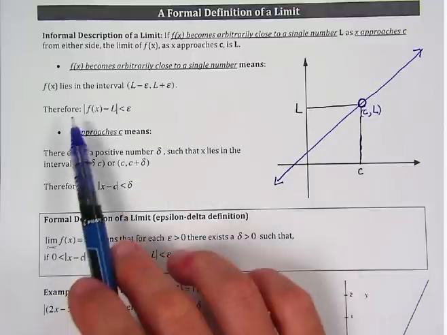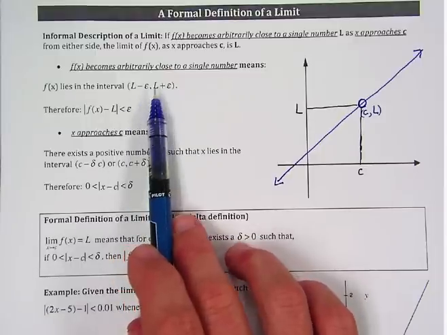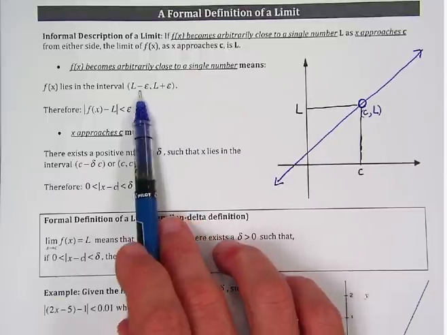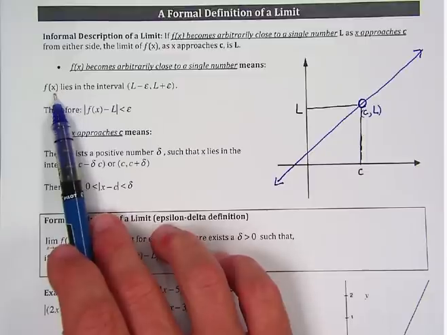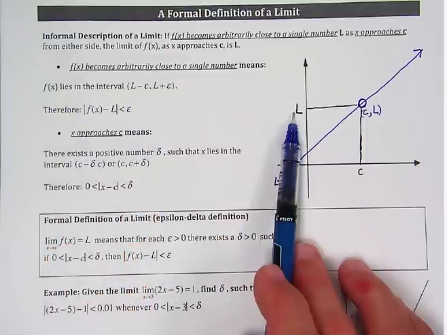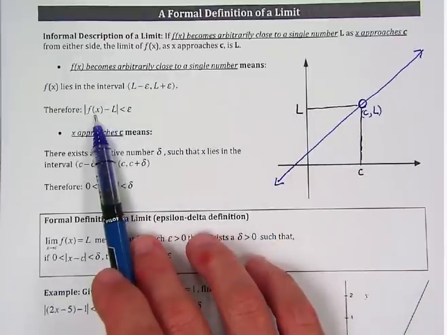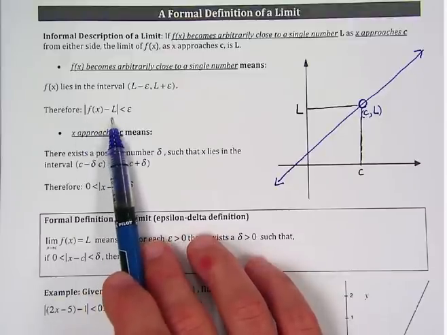Okay, so this first part, if it lies in the interval L minus epsilon and L plus epsilon, that's basically talking about a distance where our f of x is going to be within epsilon units of the limit. Okay, and we do that with an absolute value sign. So absolute value, when we're dealing with that, all we're talking about is the distance of epsilon.